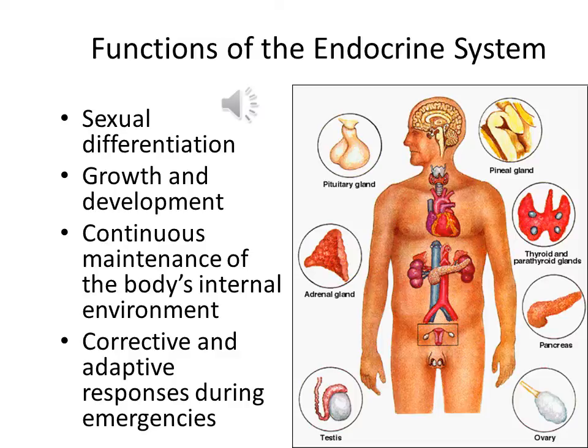Aldosterone deals with sodium and potassium, increased sodium absorption, and increased potassium loss by the kidneys. And the adrenals, as far as your adrenal medulla, you have your epinephrine and your norepinephrine, which are neurotransmitters for your sympathetic nervous system.